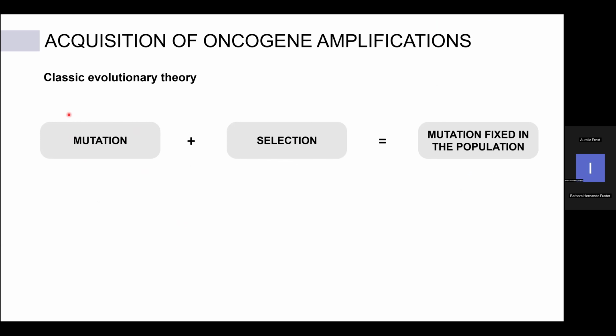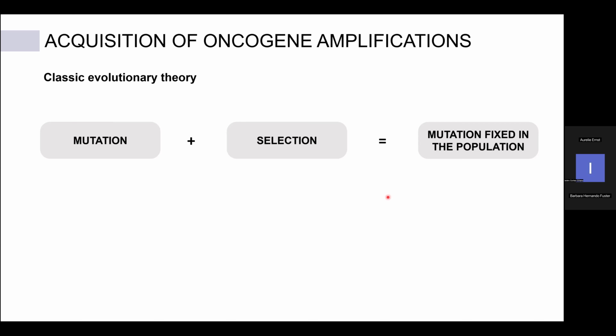So you need the process that is causing this mutation, that the mutation is acquired, and then that this mutation confers a selective advantage. So the clone or the cell that harbors this mutation expands in the population, and we can detect that at the sequencing level.